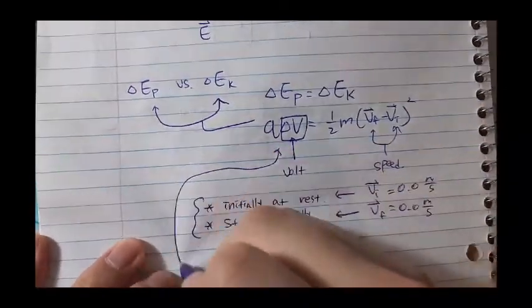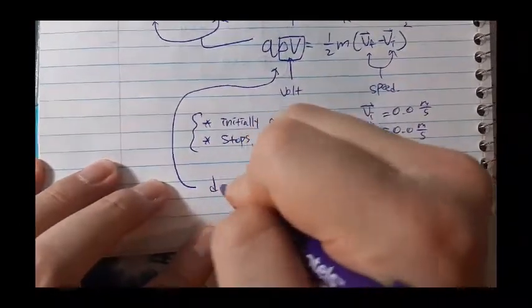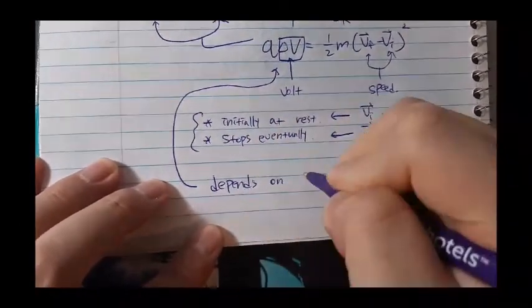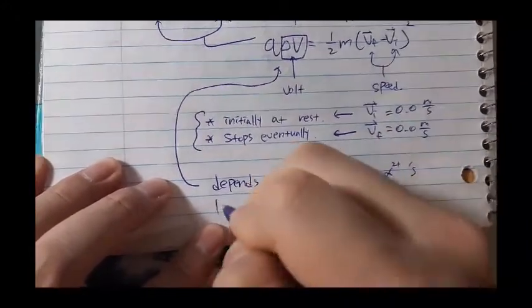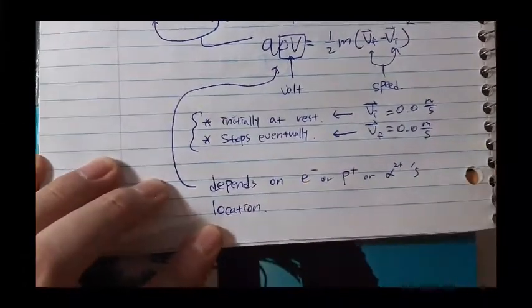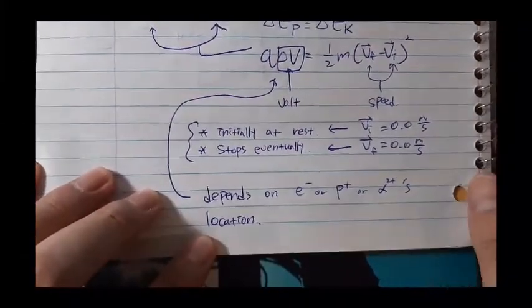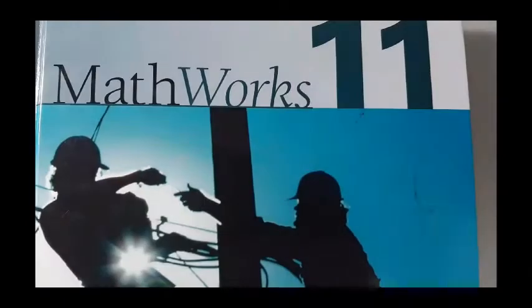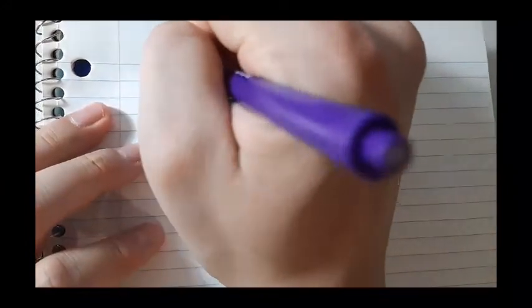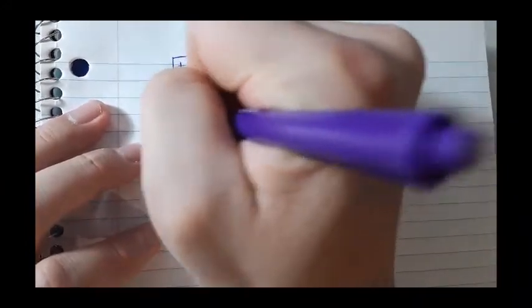When it comes to potential differences, I want to point something out. It depends on the electron, proton, and alpha particle's location. What I mean by that is basically this. Let's say I have a positive electrode over here and a negative electrode like that.